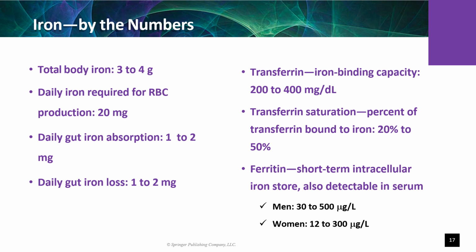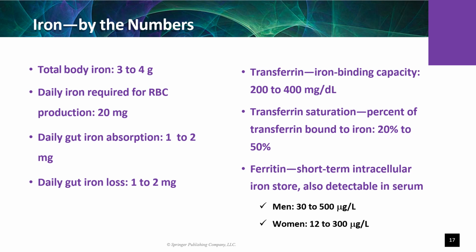Iron balance is disrupted by an inadequate intake or absorption, or by excessive demands. In older adults, GI loss associated with malignancy may cause severe excessive iron demand.